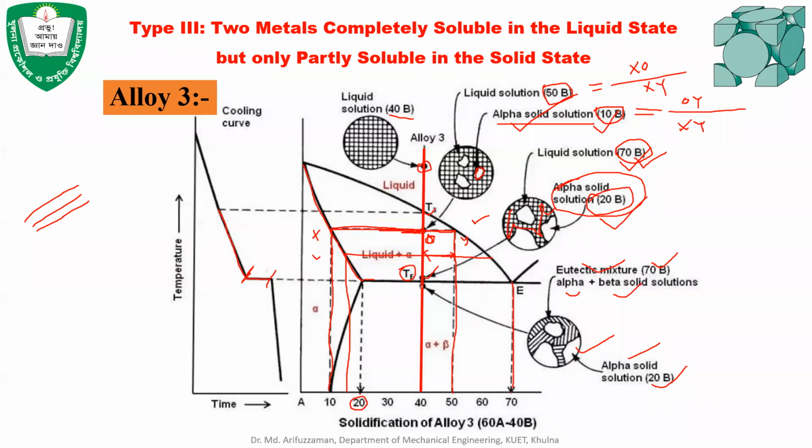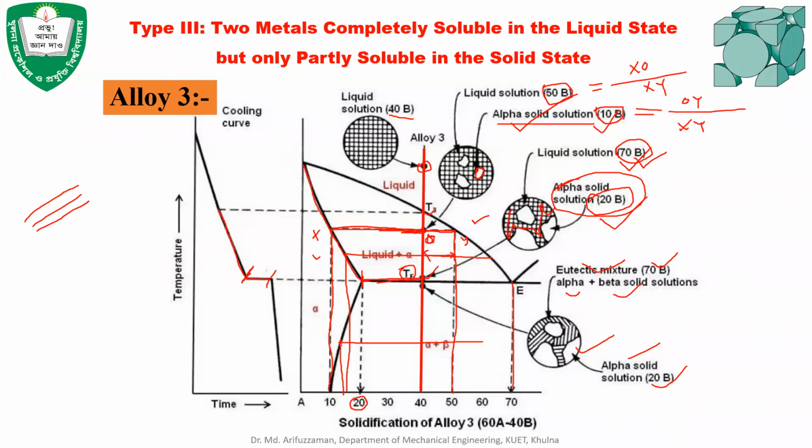After that, when the temperature drops, the chemical composition also changes, because at this temperature TE, the maximum amount of B that can be present in alpha is 20%. But when the temperature drops to this temperature, the maximum amount of B that can be present in alpha has been reduced.